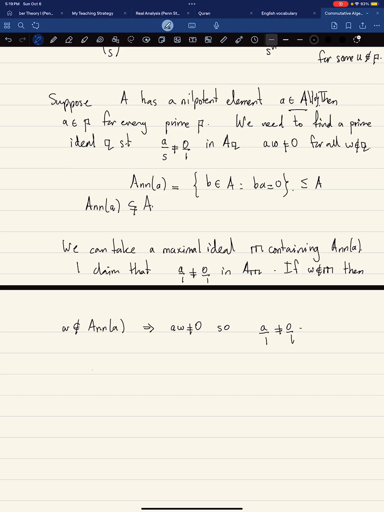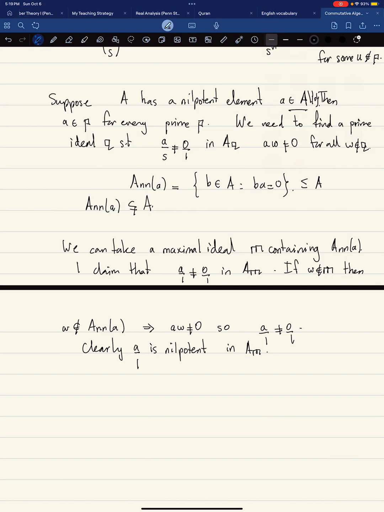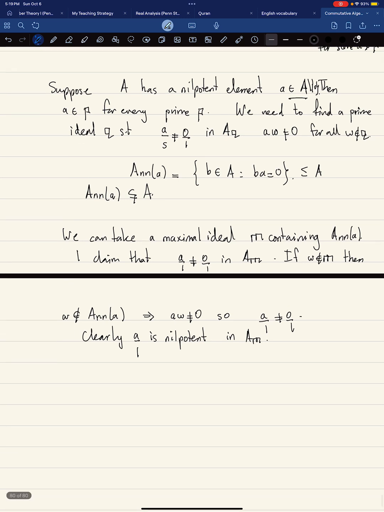And it's clearly nilpotent in AM. I don't even need to write down why: when you multiply it by itself n times, the numerator gets multiplied by itself n times, and it has to become 0. So it's clearly nilpotent.